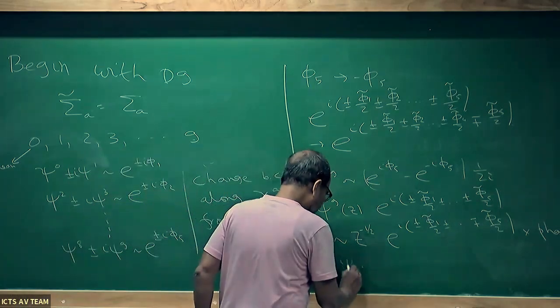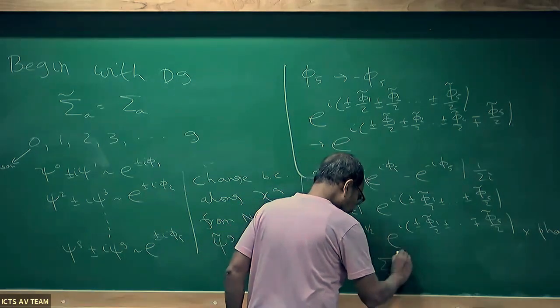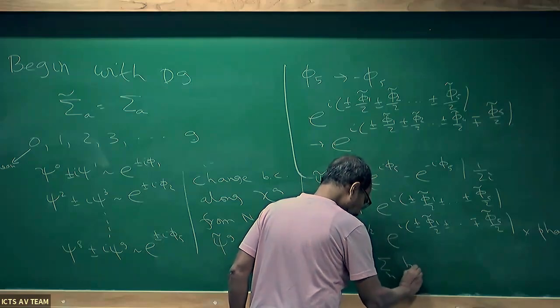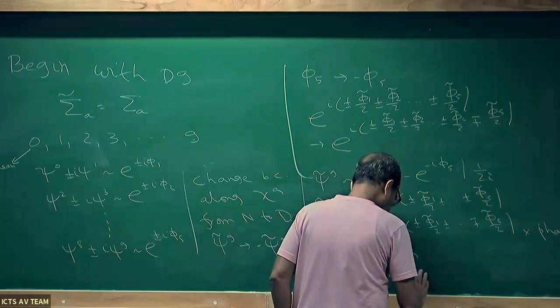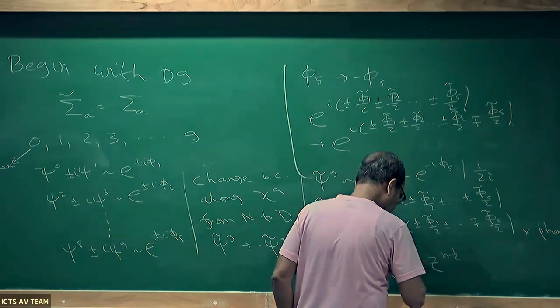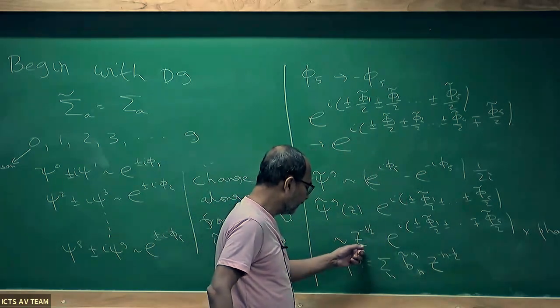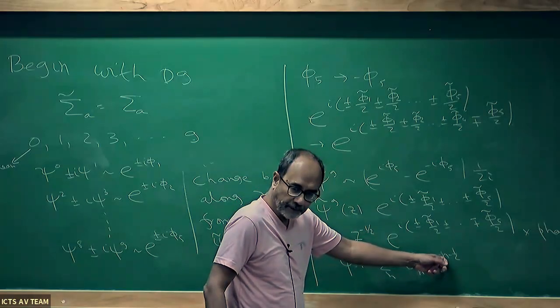But if you look at the expansion of psi tilde 9, it is a sum over n of b tilde 9 n z to the minus n minus half. So the fact that you pick up the z to the minus half corresponds to the n equal to 0 term here.